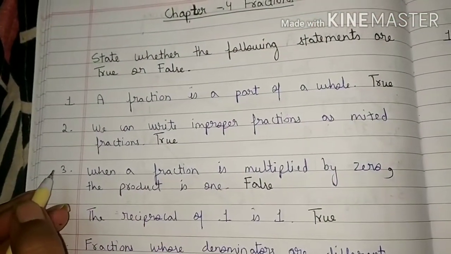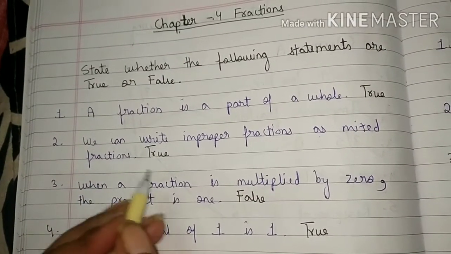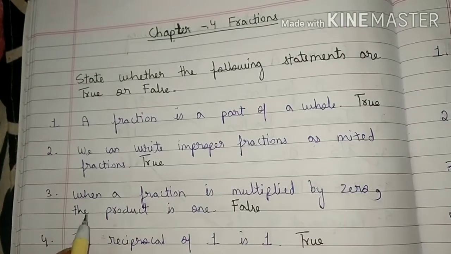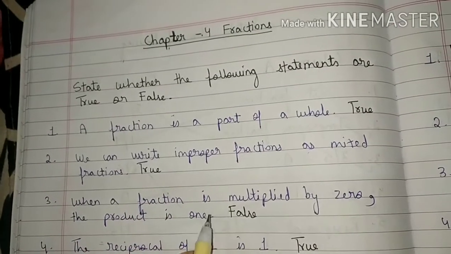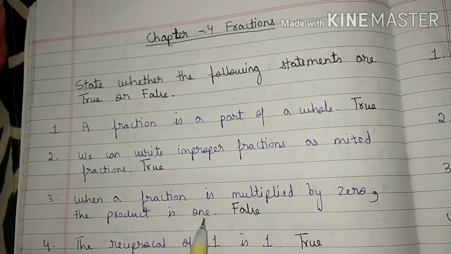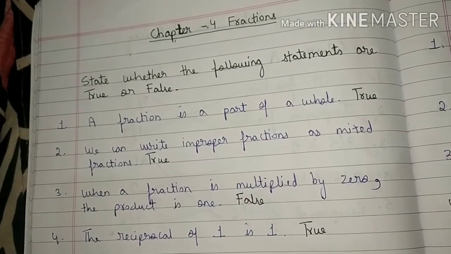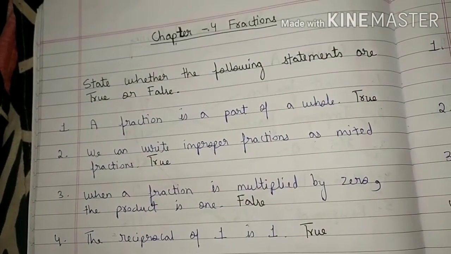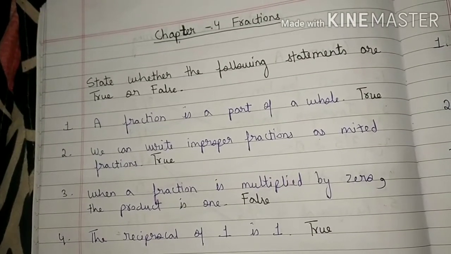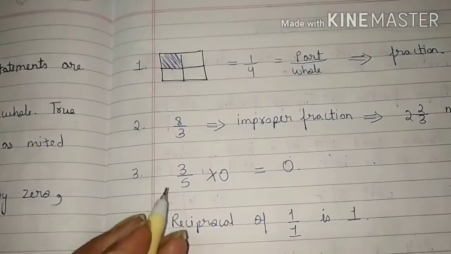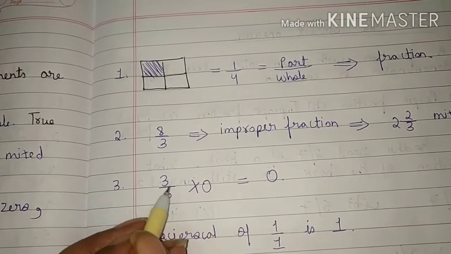Now come to question 3. When a fraction is multiplied by 0, the product is 1. Students, this statement is false because when you multiply any fraction by 0, you always get the answer 0. Students, you can see here 3 by 5.